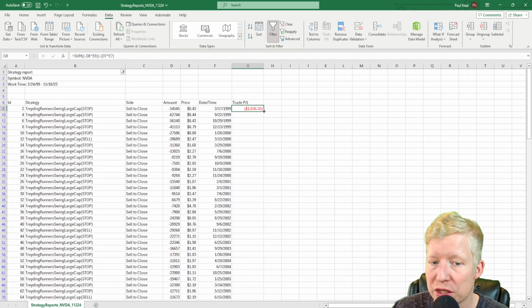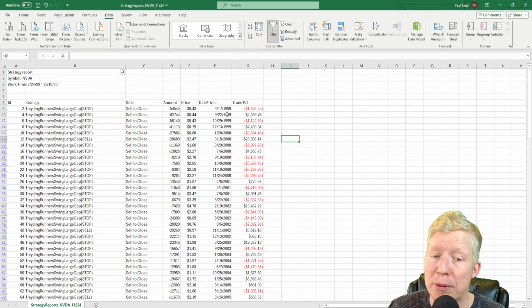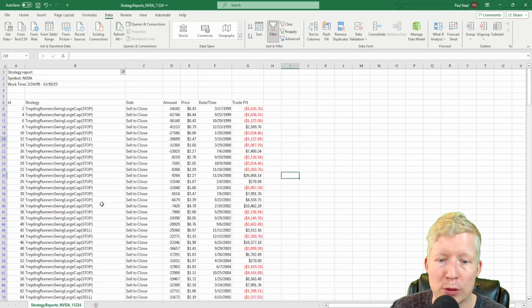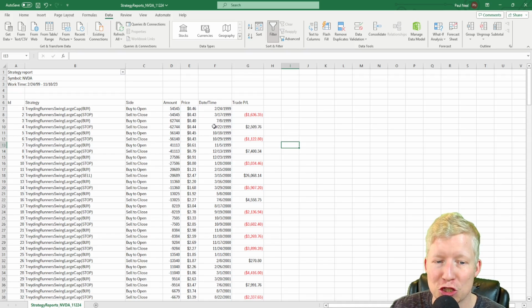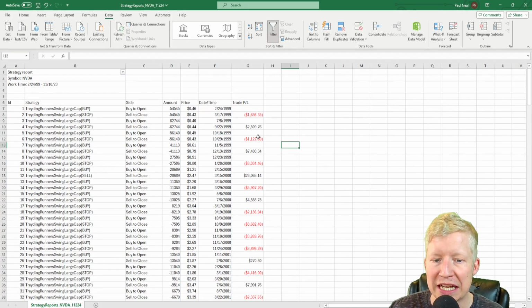Now, if I double click this little box in the bottom right of this column, it's going to populate all of my sell orders and the sell orders only, but still based off of also the buy orders. Because now, if I put back in my buy orders, look at how nice that looks, right? You now have all the way down every trade you've taken, the trade P&L calculated the correct way with that one simple trick.